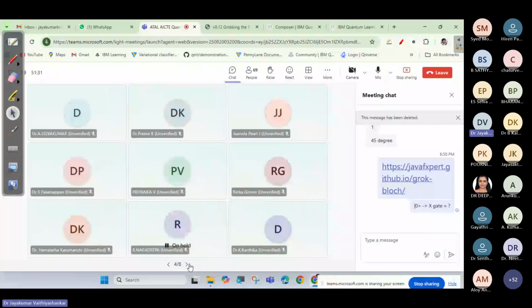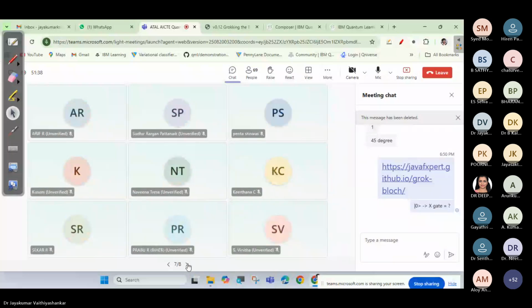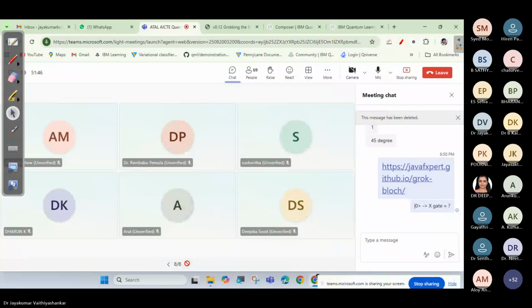Are you able to follow? Are you able to work it out? Hello, am I audible? Click state 0, click X gate and observe where it goes.